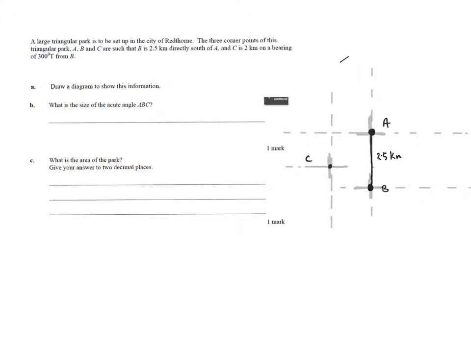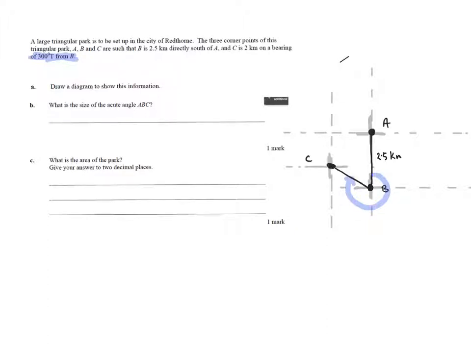They then said, and C is 2 kilometres on a bearing of 300 degrees from B. So when you're seeing that, the 300 degrees from B means I start at B's north line and keep going around. Now, I go past the 270, don't I? I'm roughly past there, and it would be out there, yeah?